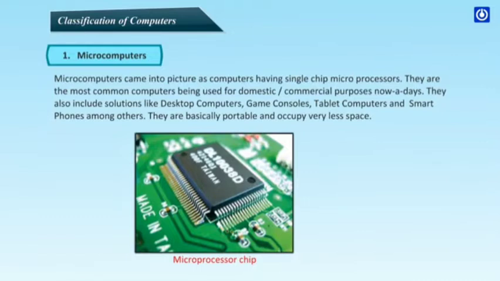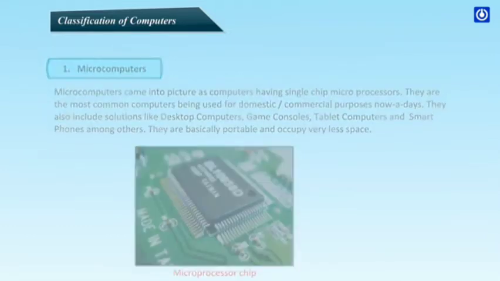Microcomputers came into picture as computers having single-chip microprocessors. They are the most common computers being used for domestic, commercial purposes nowadays. They also include solutions like desktop computers, game consoles, tablet computers, and smartphones, among others. They are basically portable and occupy very less space.